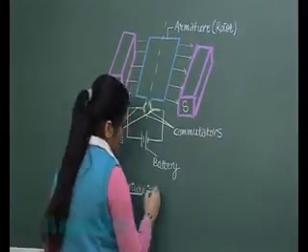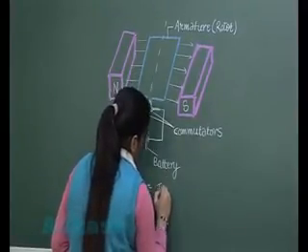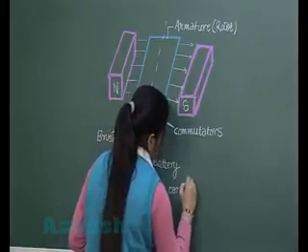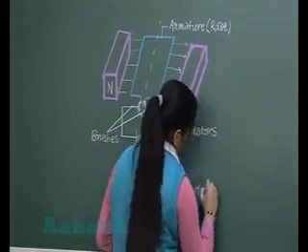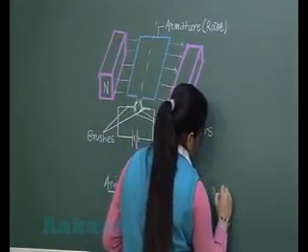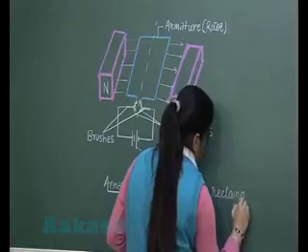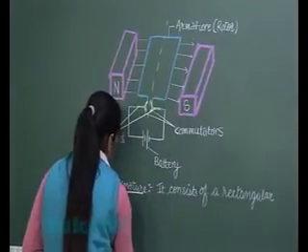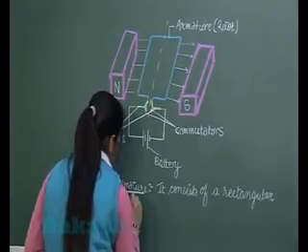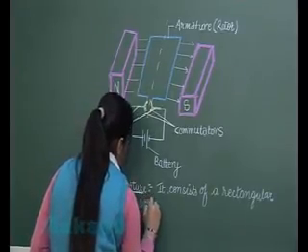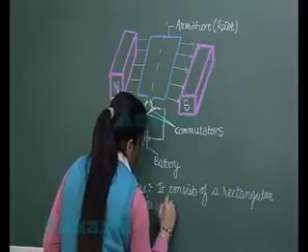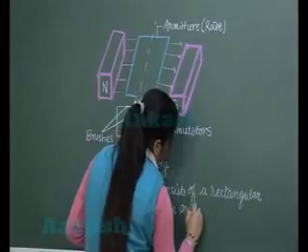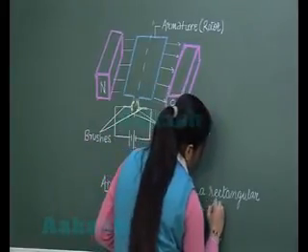Student, armature, it consists of a rectangular copper wire wound over soft iron core.